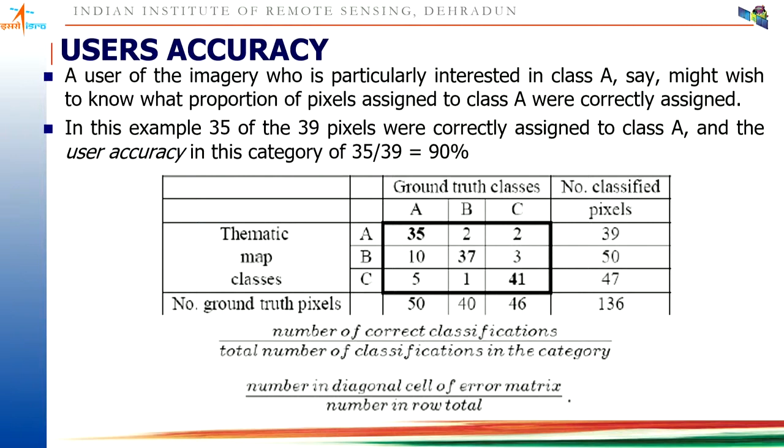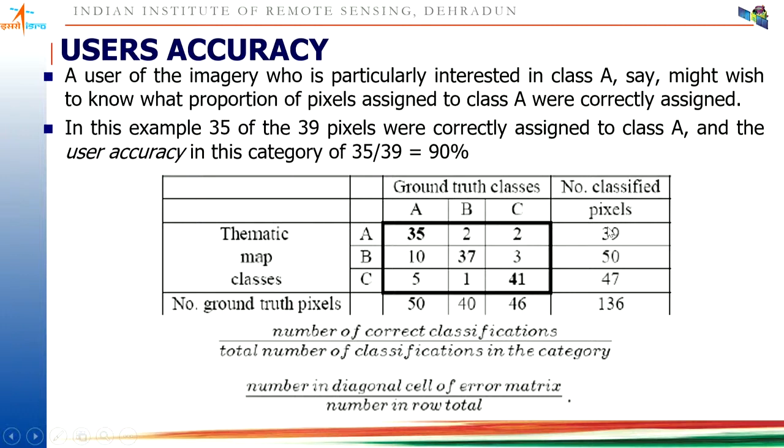So there are other measures of accuracy also. These are user's accuracy and producer's accuracy. Now, who is the user of the map? The user of the map is one who will use this thematic map. He has not created the map. He only knows what classes have been classified, and into which class a pixel is classified. So he is interested only in thematic map classes, which are in the rows.